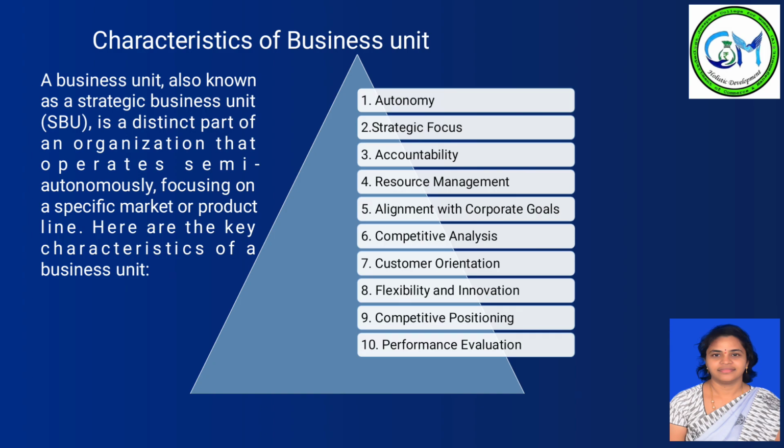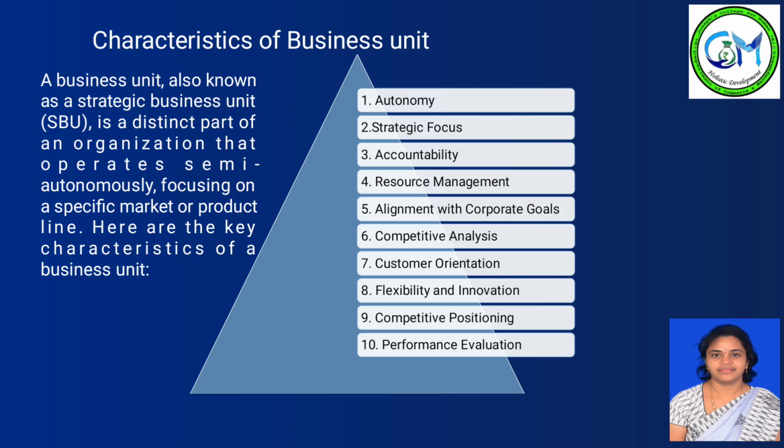And the next one is alignment with the corporate goals. While operating independently, SBUs align their goals and strategies with the broader objectives of the parent company. Here, SBUs receive support from the parent company in areas such as financing, research, development, administration, and so on.